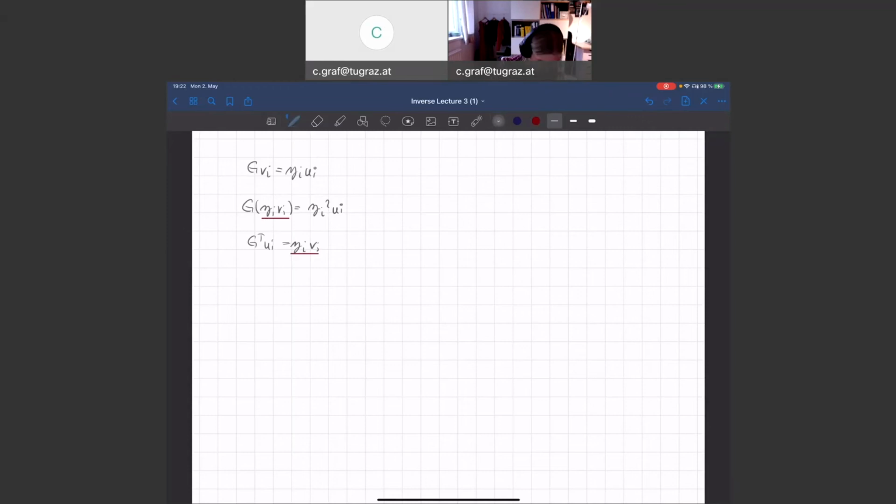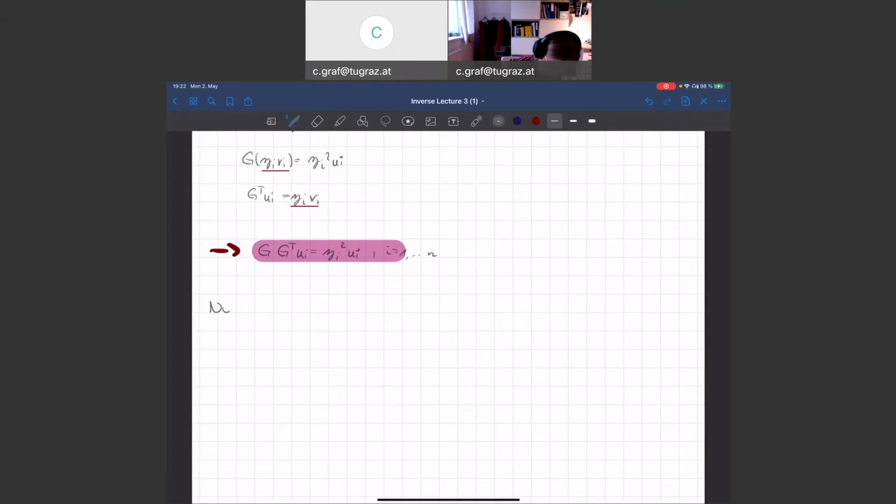And therefore, we end up with T T transposed u i equal to eta i squared u i for i from 1 to n, which is the second eigenvalue problem.